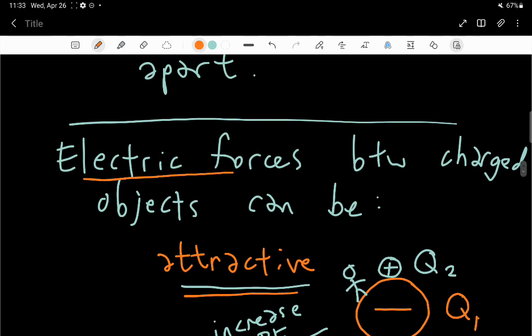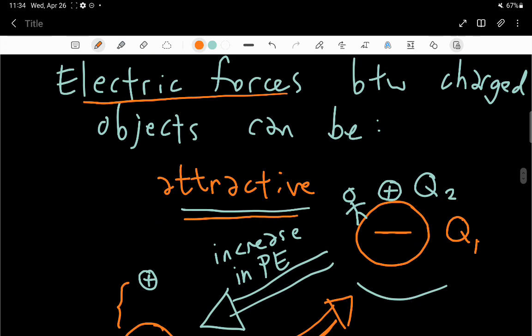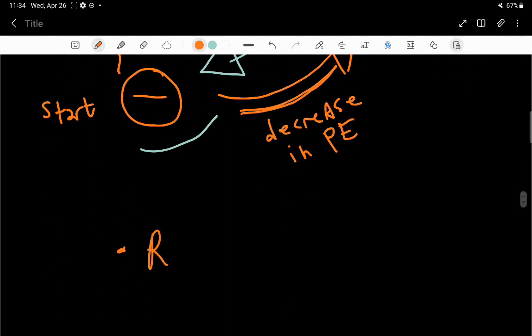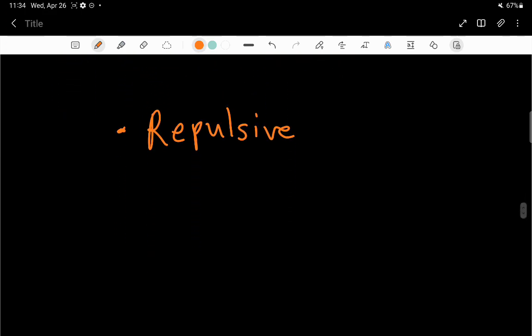But because electric forces not only can be attractive, they can be repulsive, then we have to think a little bit more about how to increase potential energy. So for example, what if we had two negatively charged objects? Here's charge number 1, and here's charge number 2.